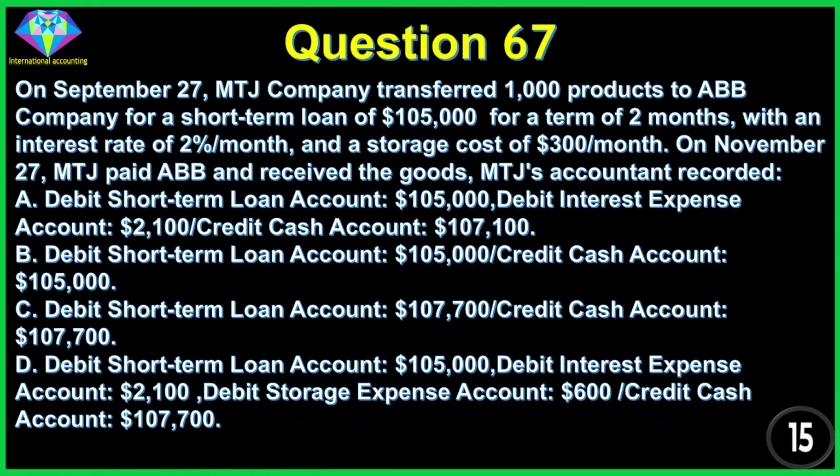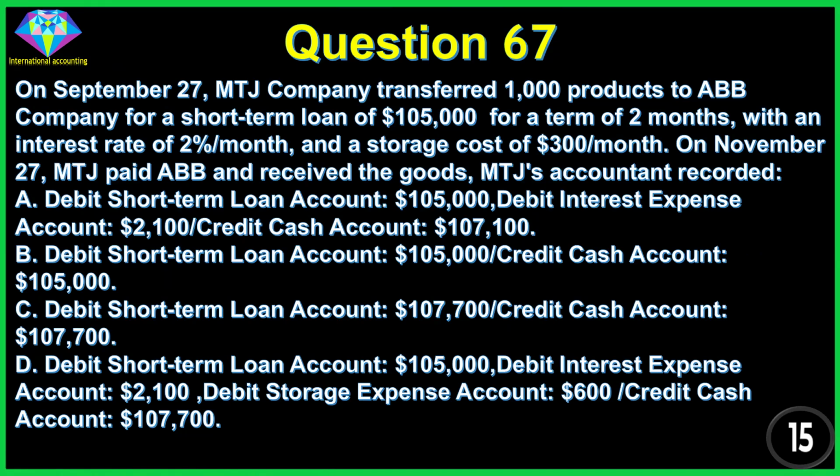On September 27, MTJ Company transferred 1,000 products to AB Company for a short-term loan of $105,000 for a term of 2 months, with an interest rate of 2% per month, and a storage cost of $300 per month. On November 27, MTJ paid AB and received the goods. MTJ's accountant recorded: A. Debit short-term loan account $105,000, debit interest expense account $2,100 per credit cash account $107,100.